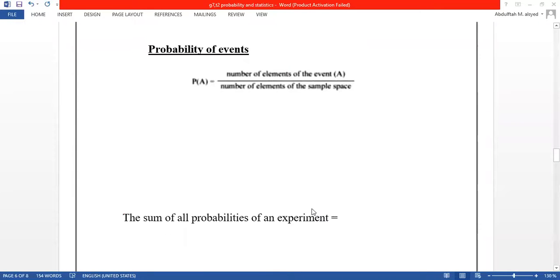Today we are going to continue studying probability, as we stopped at the probability of events.